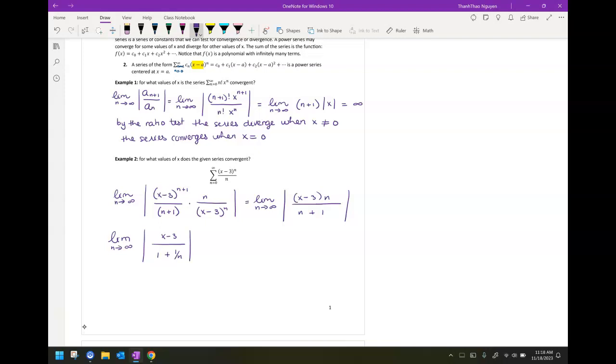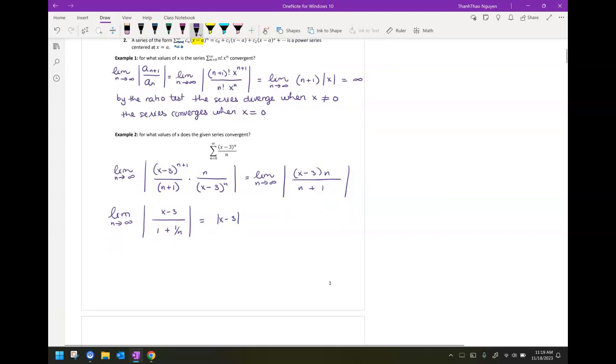So what happens as n approaches infinity? As n approaches infinity, this limit is just equal to the absolute value of x minus 3.